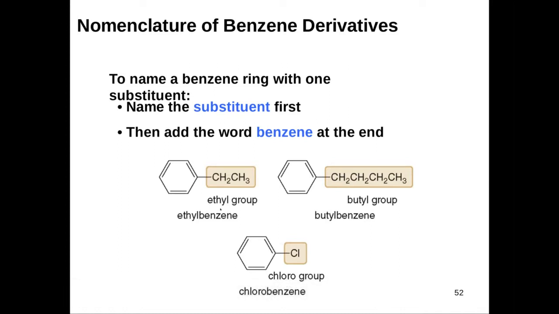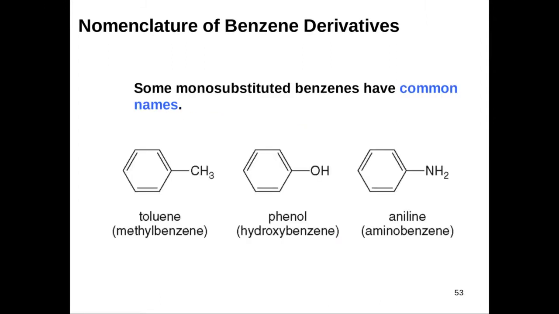And then we just tack it onto the word benzene. So ethylbenzene is just a benzene ring with an ethyl group. Butylbenzene is a benzene ring with a butyl group, and chlorobenzene is just a benzene ring with chlorine attached to it. So it's actually kind of nice.